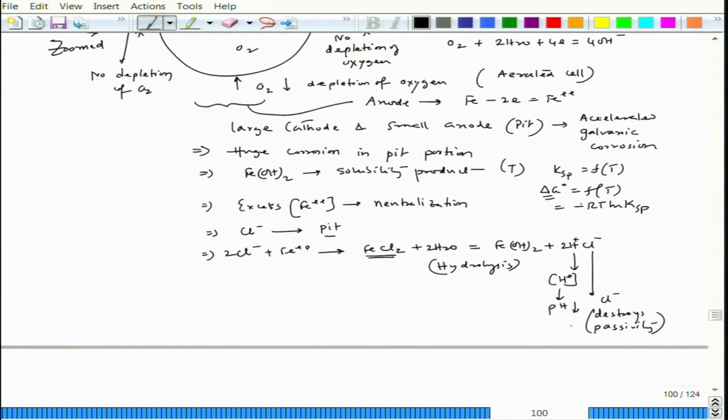We know that with a change in pH, if we look at a Pourbaix diagram, E versus pH, the plot for iron looks like this.